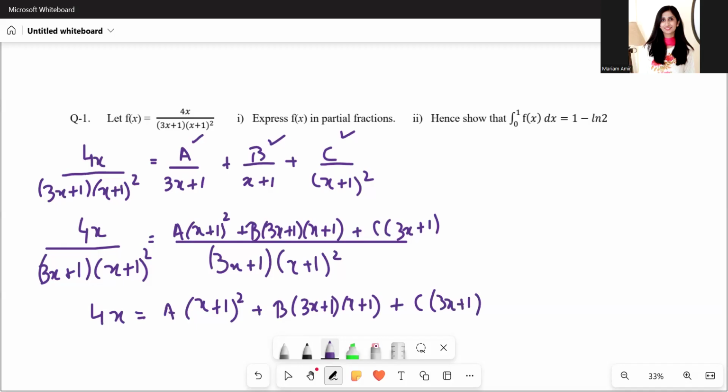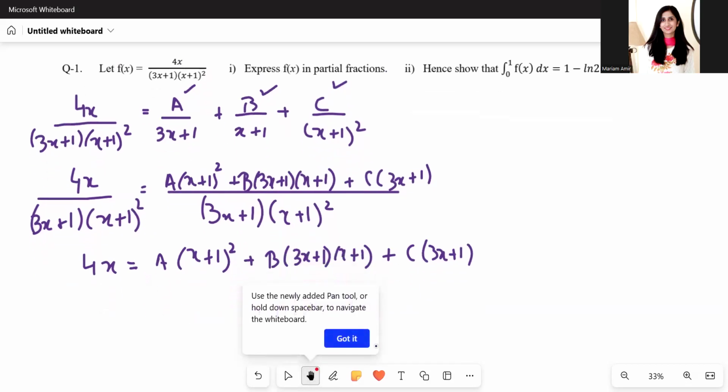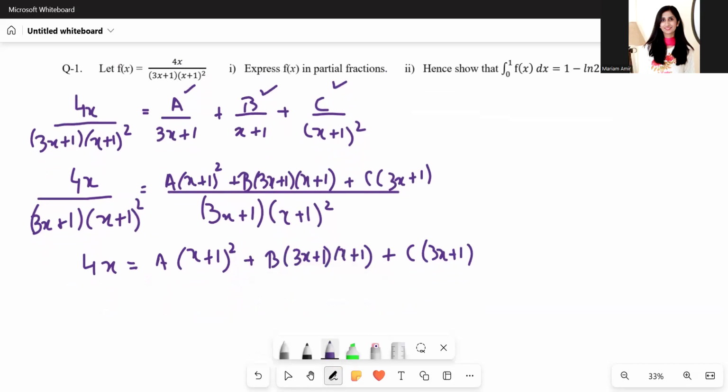Okay, now we need the values of A, B, and C. So what we can do is first make one of these terms 0. To make this 0, we will have to write 3x plus 1 equals 0, which means x equals minus 1 over 3. So we're going to take x equals minus 1 over 3. That will give us the value of A because B and C will get multiplied with 0 and become 0.